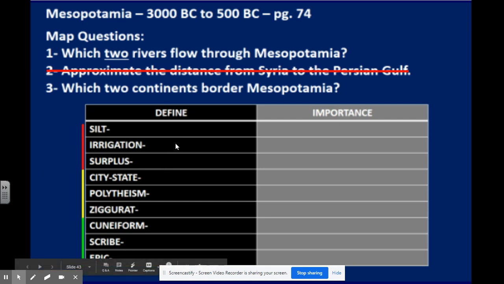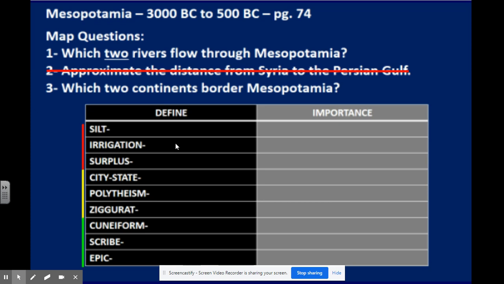Okay. Second one here is irrigation. Irrigation is a system to supply water for crops. A system to supply water for crops.